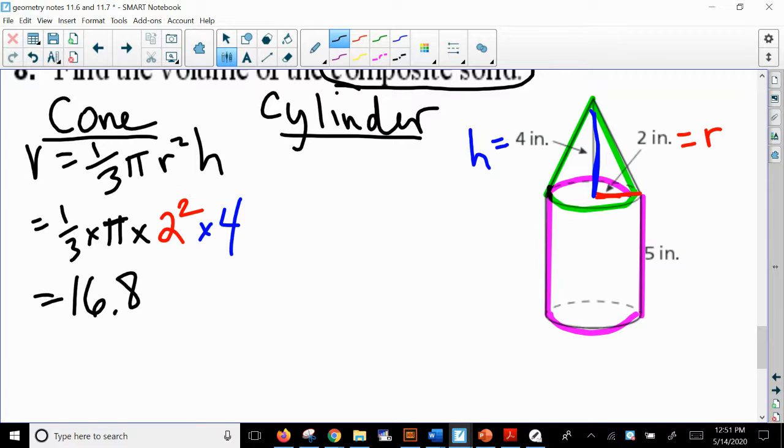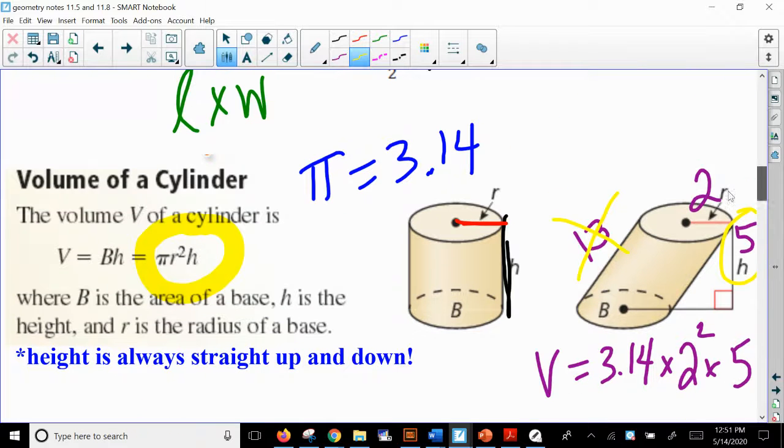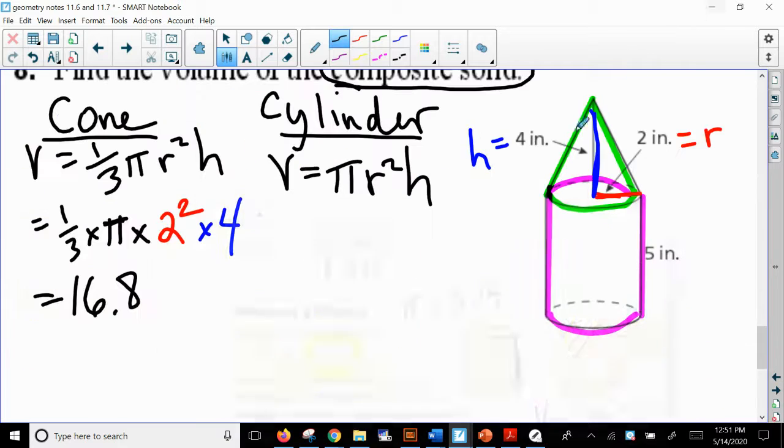Okay? Now for the cylinder. The cylinder formula is just pi r squared h. That's the cylinder formula. Let me go back and show y'all because we did cylinders the other day. See that? Volume of cylinder, pi r squared h. So I'm going to do pi times radius squared.